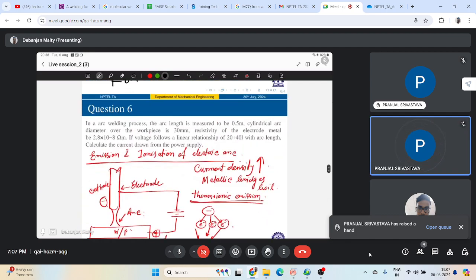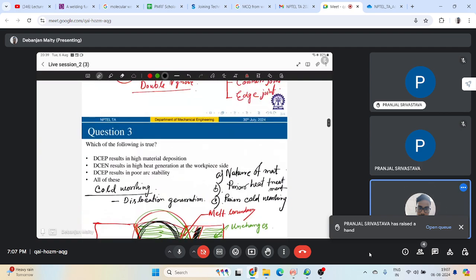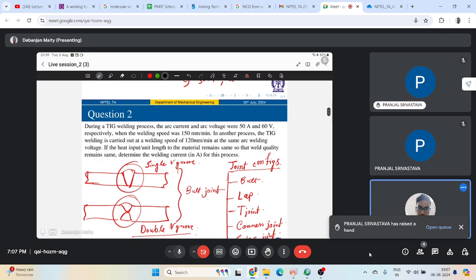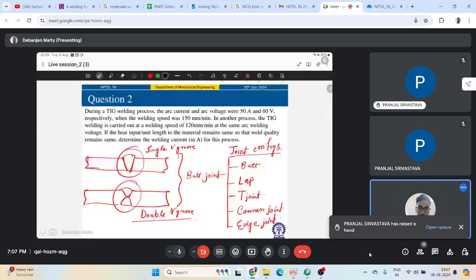Why don't we solve one numerical? Let us solve some numericals. We have talked a lot in terms of theory.